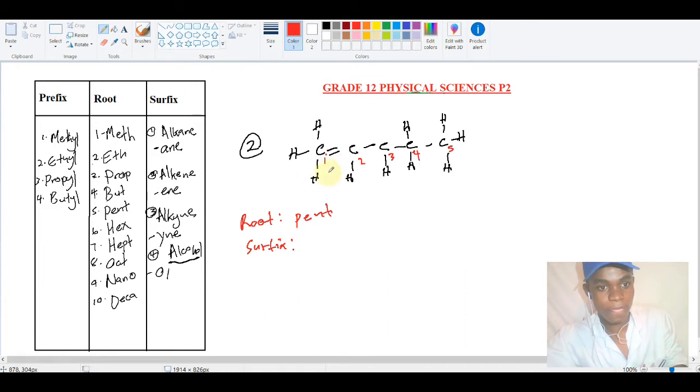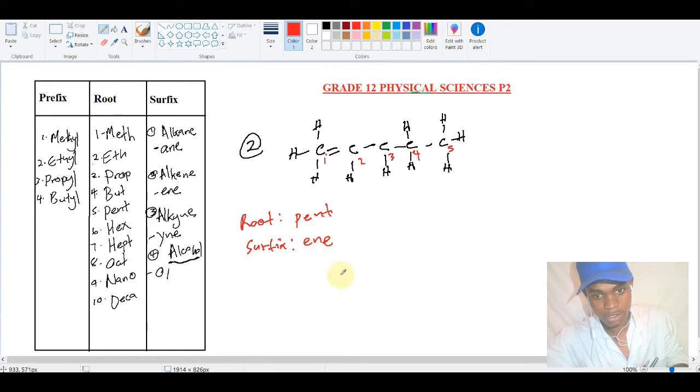So we expect this name to end with ene. One thing that we need is a prefix, but in this case we don't have any substituent, so we don't mind the prefix because all our hydrogens are not substituted, right? So we can come up with the name.